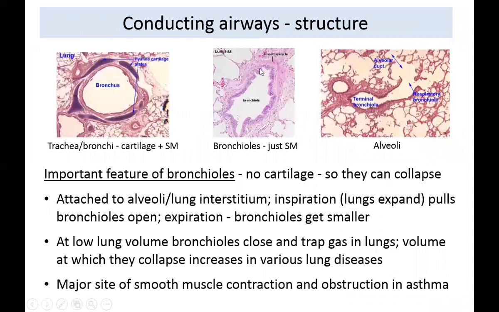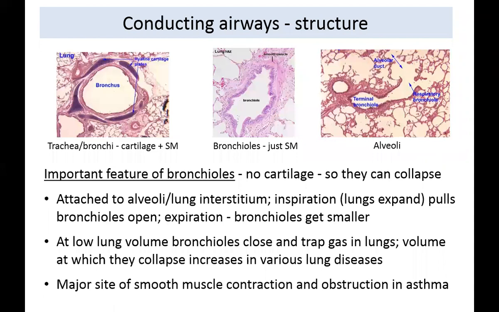We'll talk about the mucosal structure a bit later. Then you come down to the alveoli, and you see these grape-like structures. There's a duct coming in, and then it expands into these grape-like structures, which are the alveoli, the major site of gas exchange.